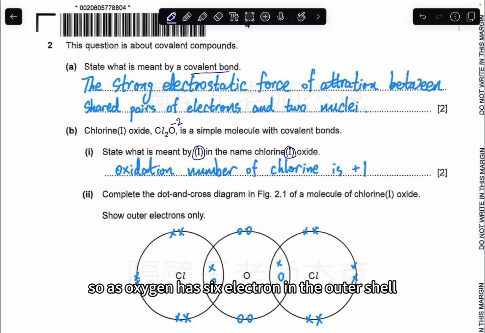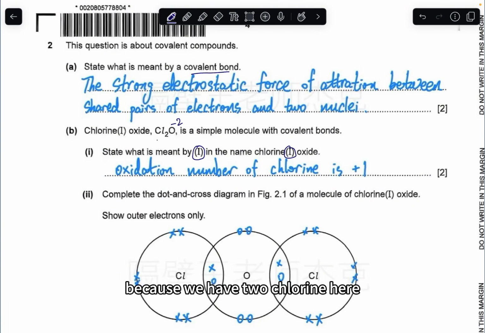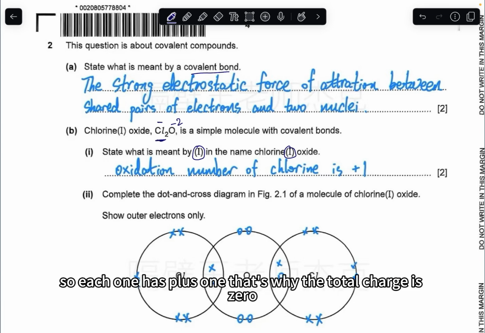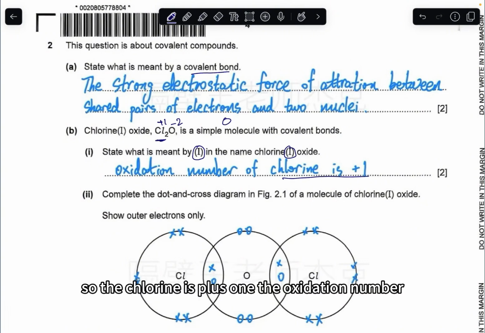As oxygen has 6 electrons in the outer shell, the oxidation number of oxygen is -2. Because we have 2 chlorines here, each one has +1, so that's why the total charge is 0. So the chlorine oxidation number is +1.